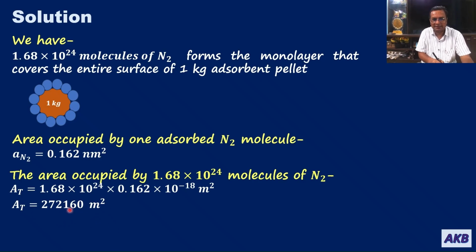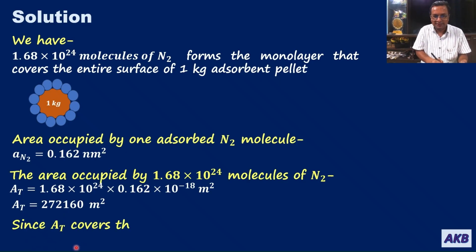So this is the area that is occupied by 1.68 into 10 to the power 24 molecules of N2, which covers the entire surface area of the adsorbent. That means this area, or 1.68 into 10 to the power 24 molecules of N2, covers the entire surface area of the adsorbent. Therefore, the area occupied by this many N2 molecules is equal to the area of the adsorbent surface.